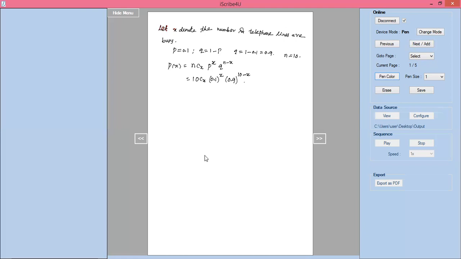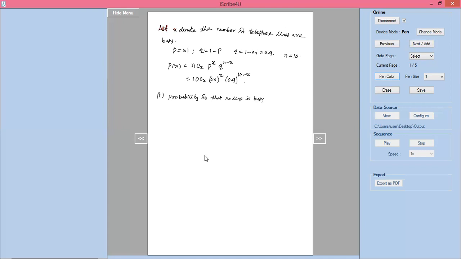Now the first one is the probability that no line is busy.